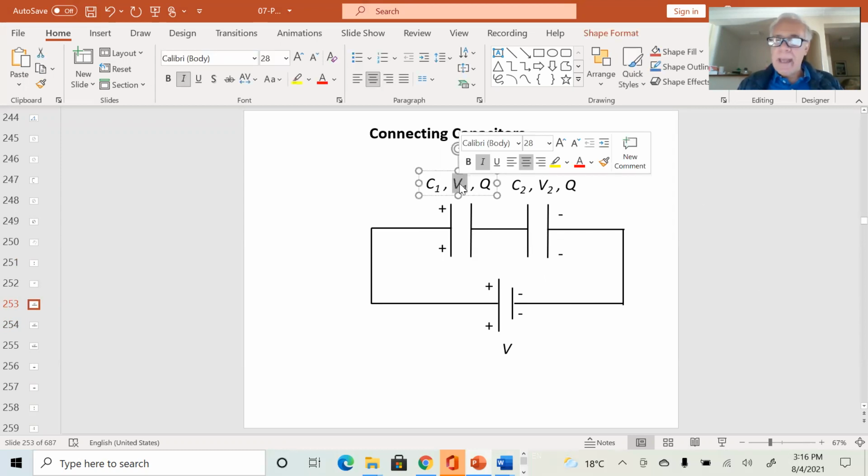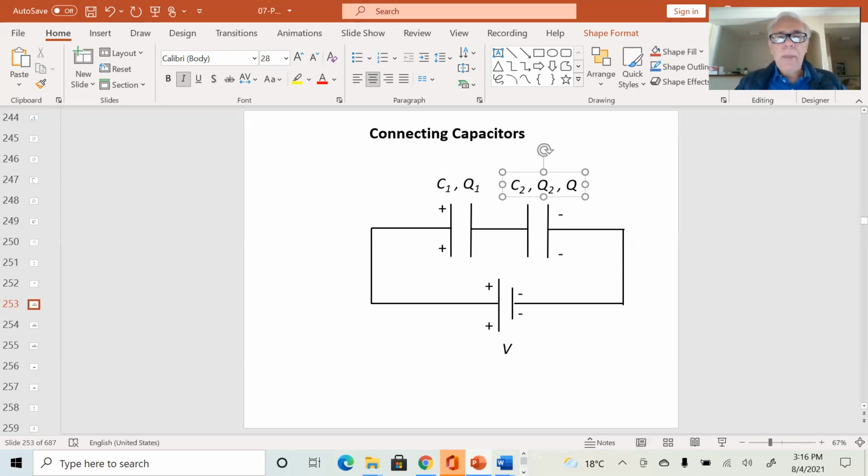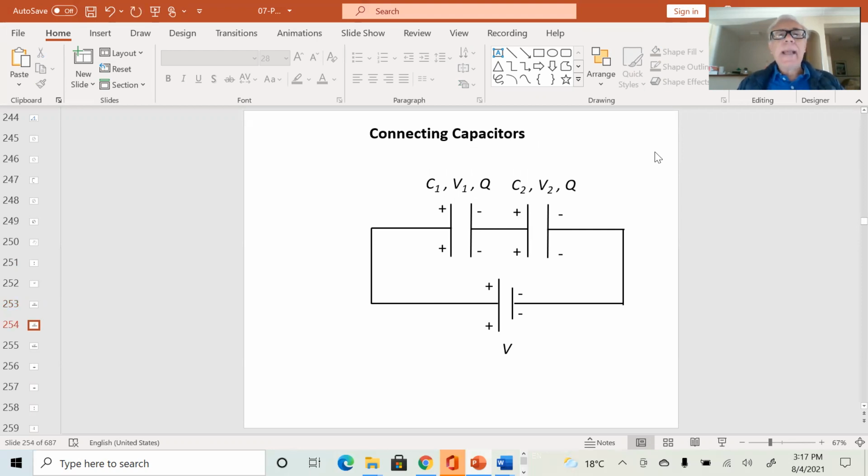So at this point in time, we have a charge Q1 being set up in the plate to the left, and here we have a charge Q2 being set up in the plate of the right one. And in the next step, because those two capacitors are in series, the charges end up being equal to one another.